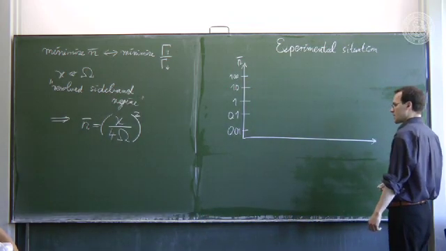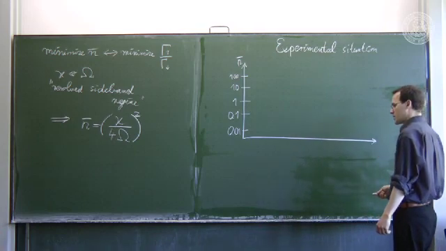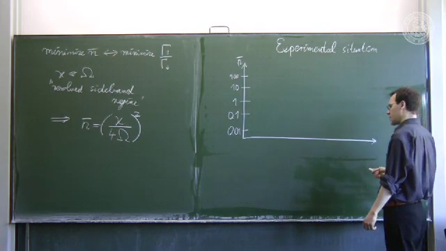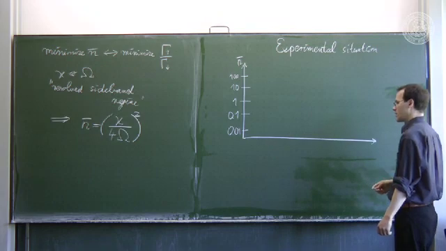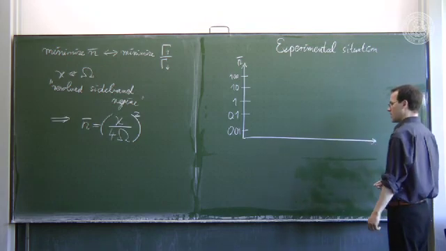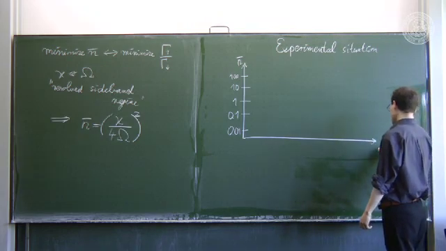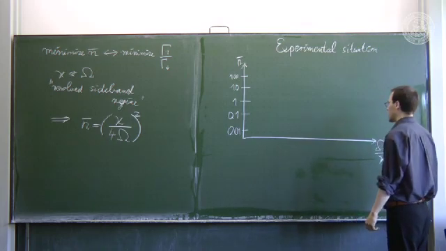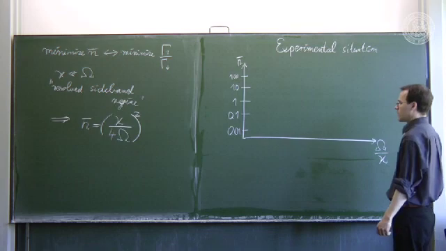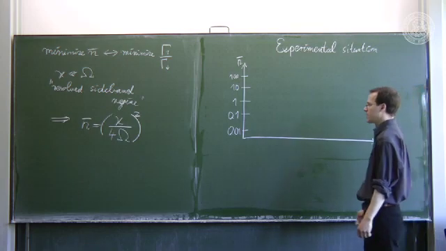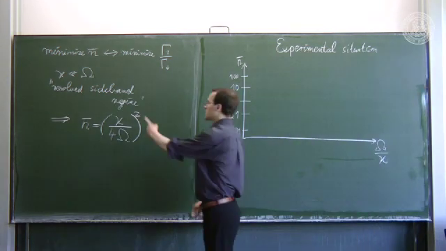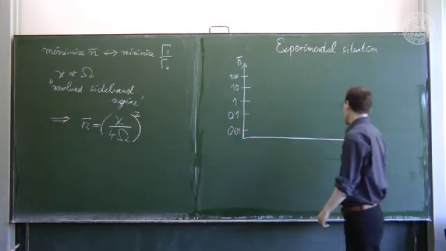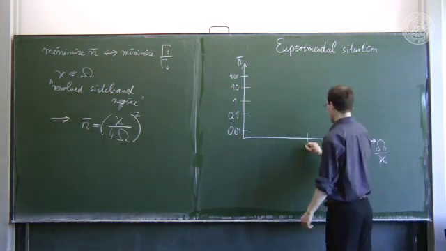Now here on this axis I want to plot the one single dimensionless parameter that these things depend on, which is the ratio omega over kappa. And now apparently, in order to be in the resolved sideband limit, this ratio has to be larger than 1.